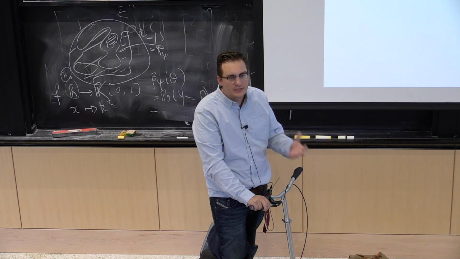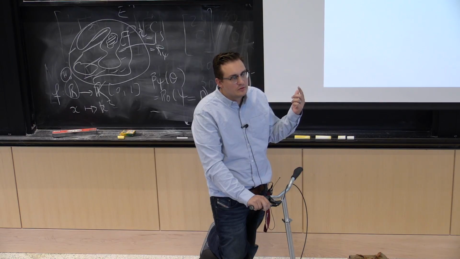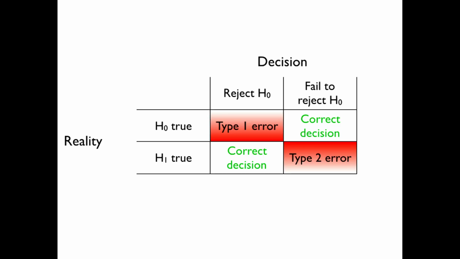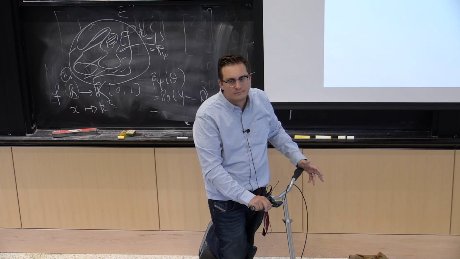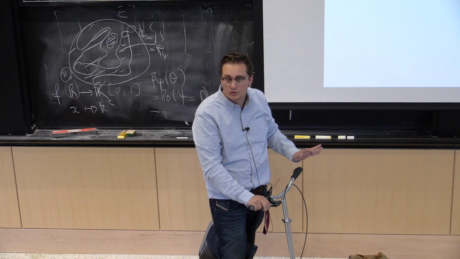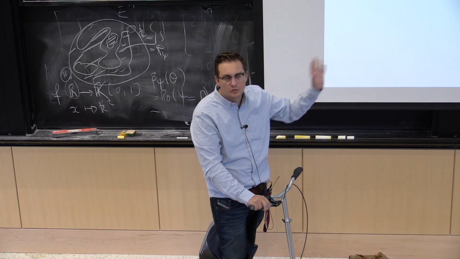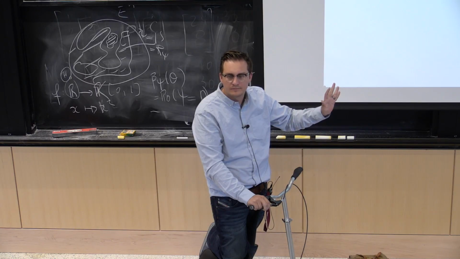So our H0 is that the person is innocent. And so we're looking at the probability of type 1 error. That's when we reject the fact that the person is innocent, so we conclude that this person is guilty. So type 1 error is when this person is innocent and we conclude it's guilty. What is the type 2 error? Letting a guilty person go free, which, according to the Constitution, is the better of the two. So what we're going to try to do is to control the first one and hope for the best for the second one.